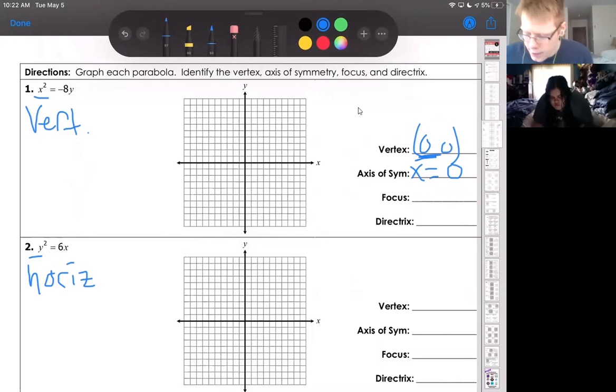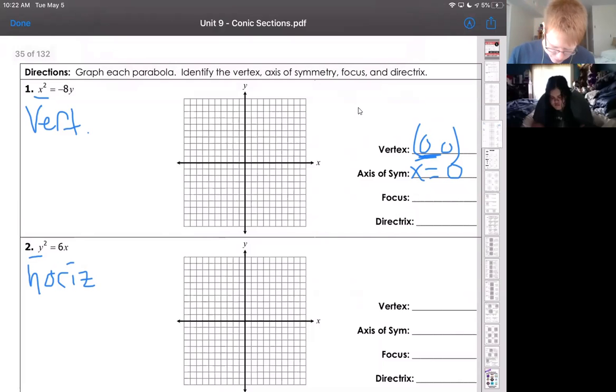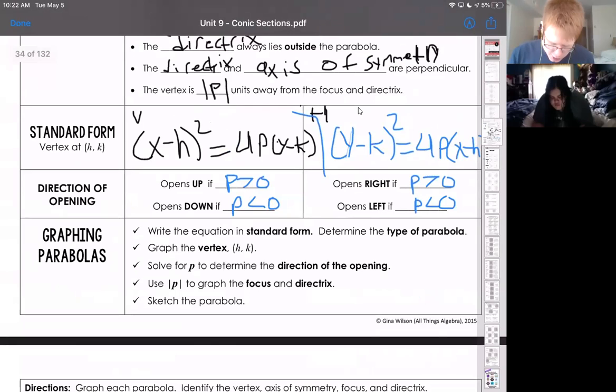Okay. The next thing we need to do is find our focus and directrix. To get those 2 points, we need to find our p-value. If you remember the formula we looked at earlier, 4p is the coefficient of your y part.